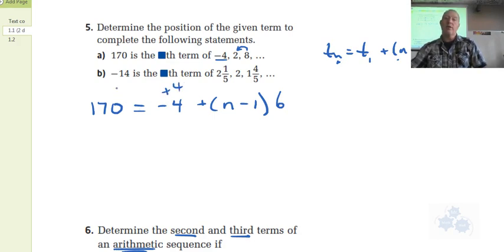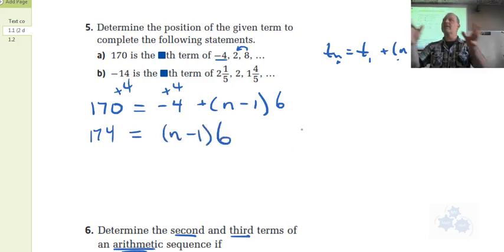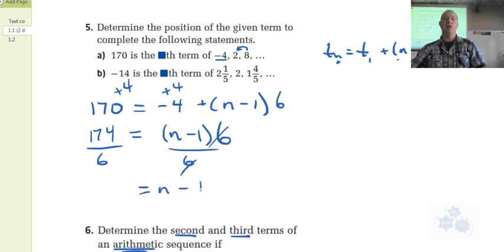Let's add 4 first. I'll do it this way. 174 equals n minus 1 times 6. Now you could expand the right side of this equation and get 6n minus 6 and go that way, or save yourself some work. You could divide this by 6 right here and get rid of this. You can do that first as well.